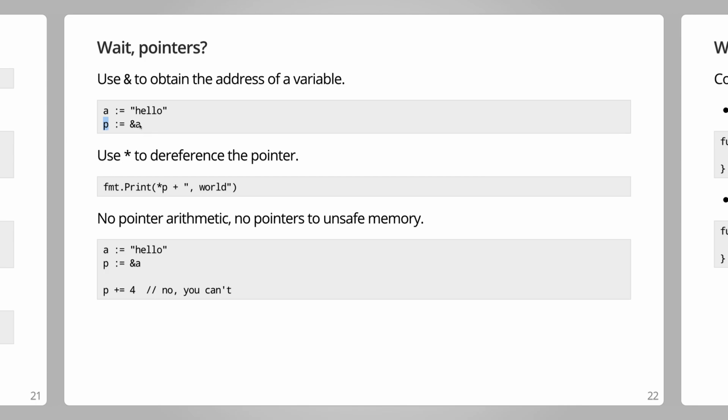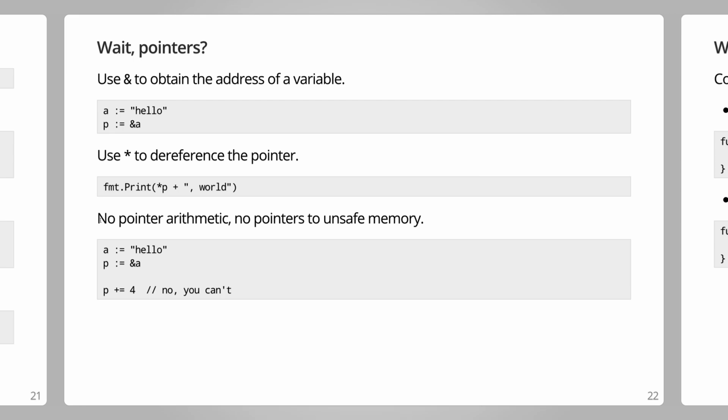And in order to use this address of A, or this pointer, we have to use the star in front of it to dereference the pointer. So we're getting a pointer p, and in order to use it as a string again, we have to put this star in front of it, meaning that we're dereferencing the pointer, or looking not at the variable itself, but at the content of the memory that it's pointing to.